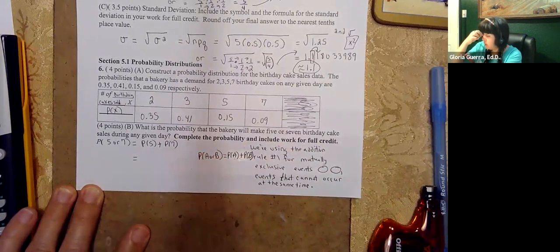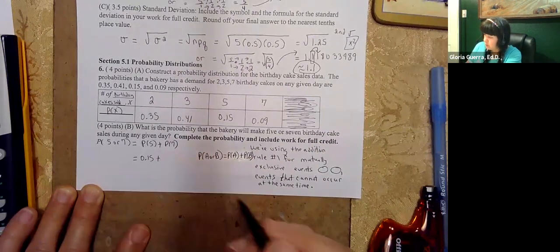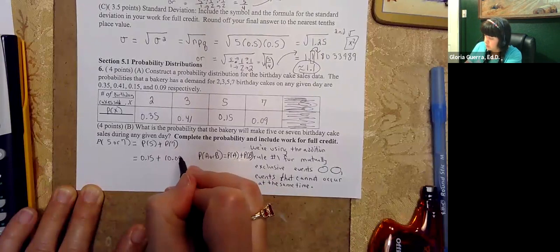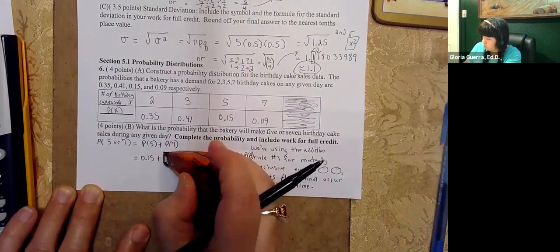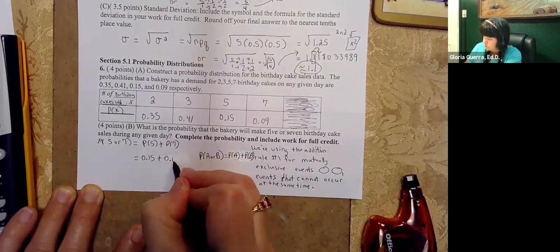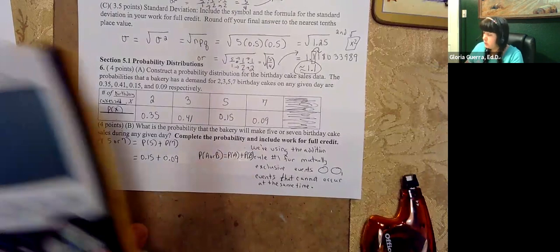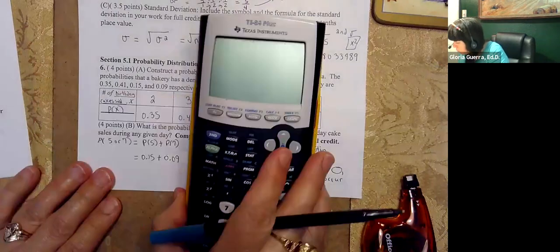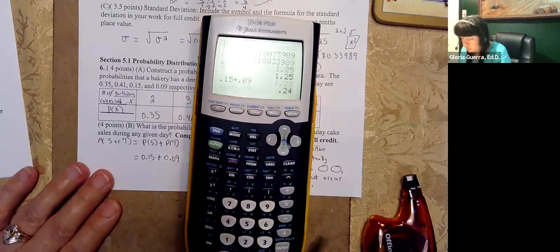So probability of 5 is 0.15 plus probability of 7 is 0.09. Oops, I don't need parentheses on that. And then on the calculator, when you add, here's the probability of a 5 and here's the probability of a 7. So when I add 0.15 plus 0.09, that's 0.24.